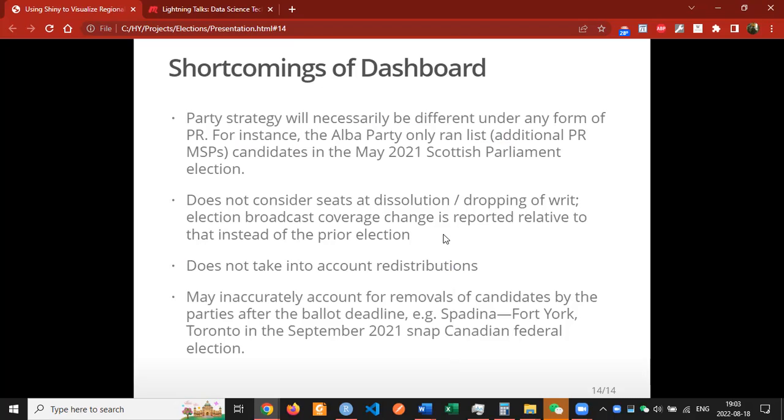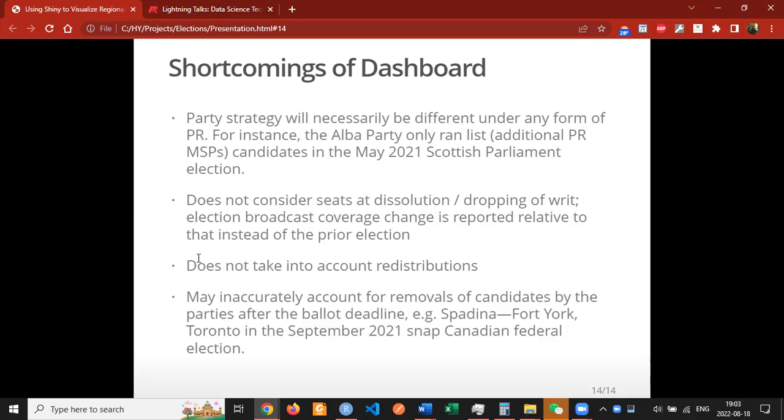Sometimes over the course of a parliament, between by-elections and defections and resignations, the number of seats, the party standings, would be different as compared to when the parliament was first seated, right after the general election.